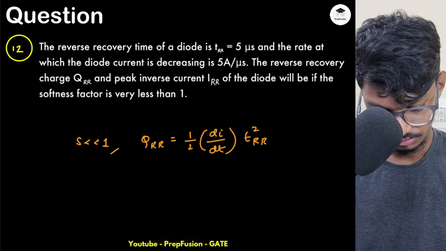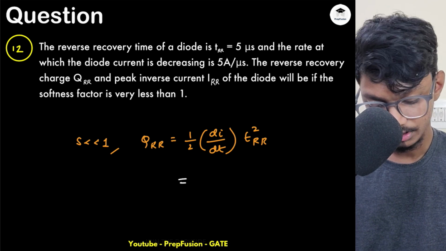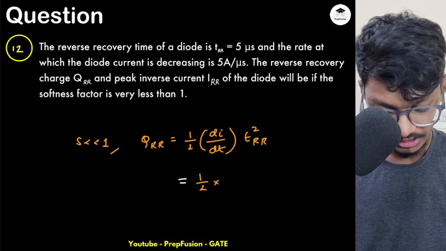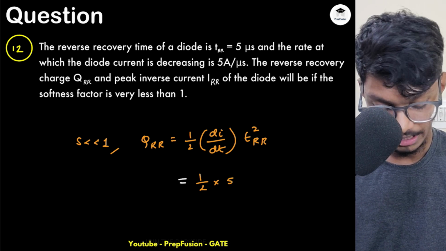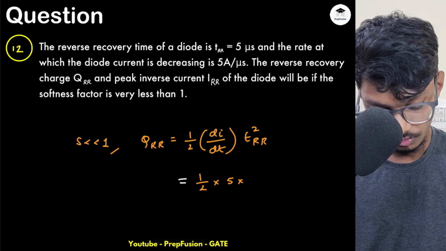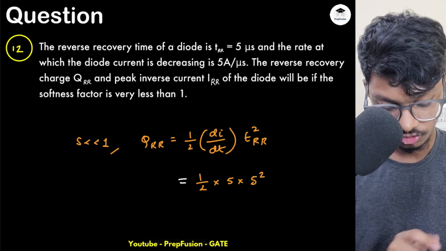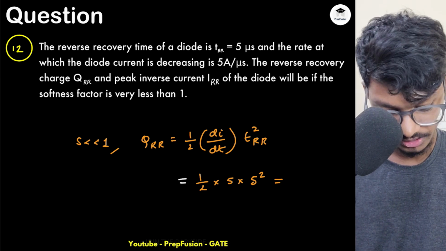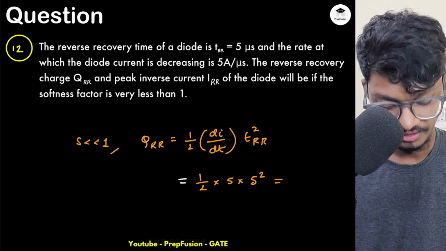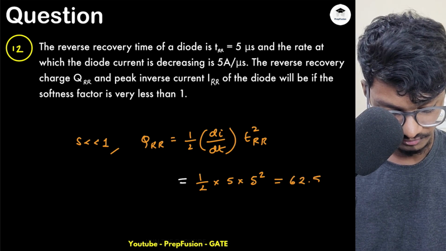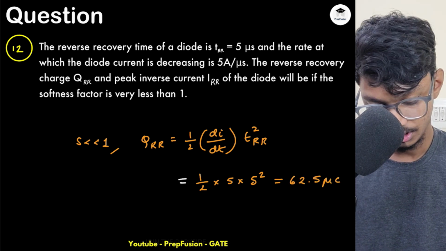This will be half into di by dt, 5 ampere per microsecond, into TRR whole square. Microsecond whole square will happen, so this will be in microcoulombs. This will be 2.5 into 25, which is 62.5 microcoulombs.